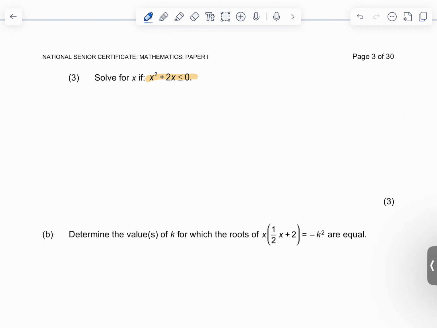So the variable must be in all the terms. Here we've got only 2 terms. We've got the first term, which is x squared, and the second term, which is 2x, all right? And in those terms, you will notice that the variable x is in both of them. So we're going to take it out as a common factor.